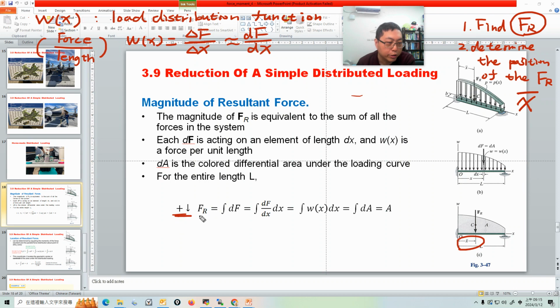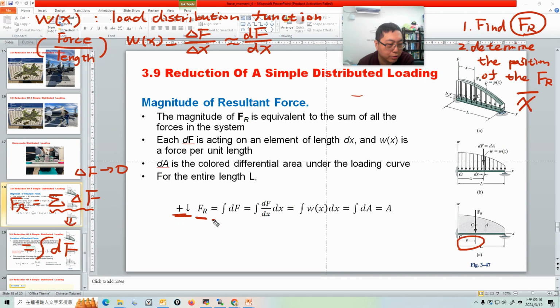Now the resultant force, that's what I'm trying to calculate. Because when we have a distributed load, there are lots of tiny forces pointing downward, at the very beginning it's the summation of delta F. But if delta F is very, very small, this summation becomes an integration.